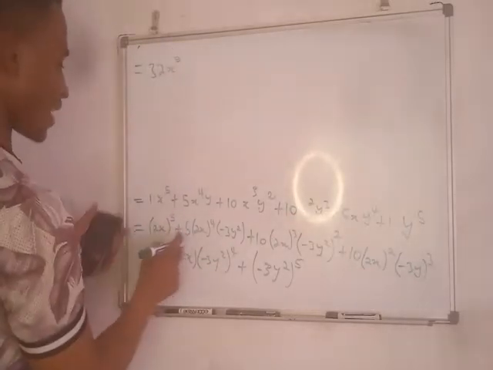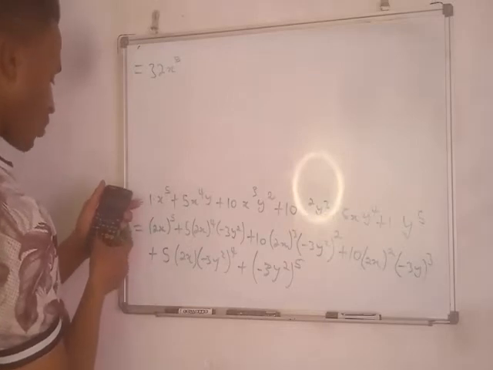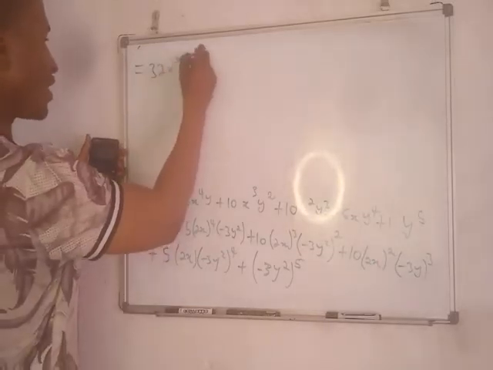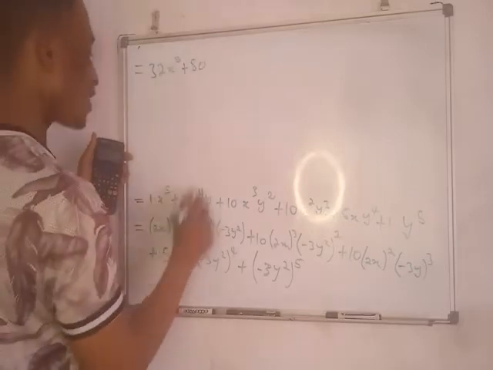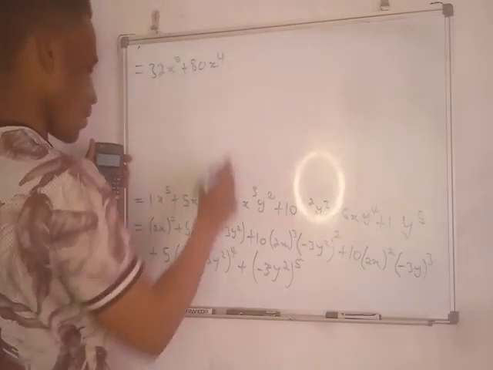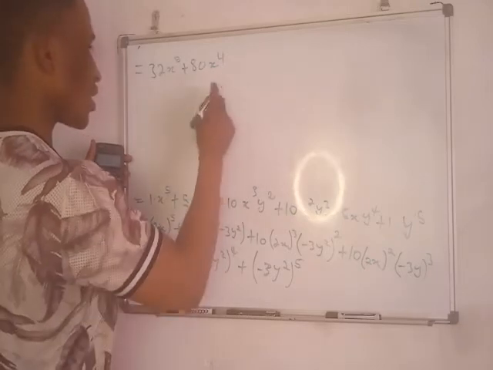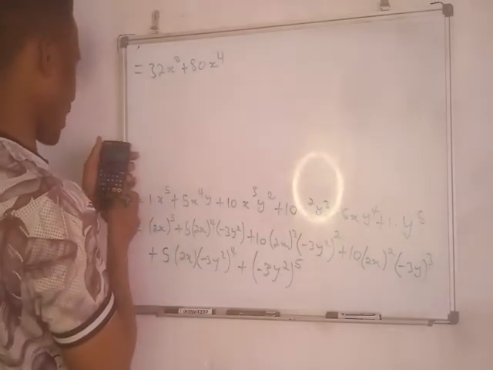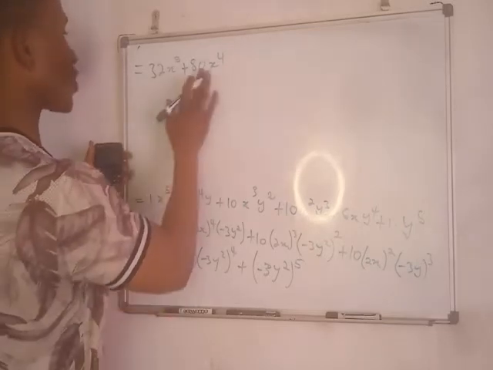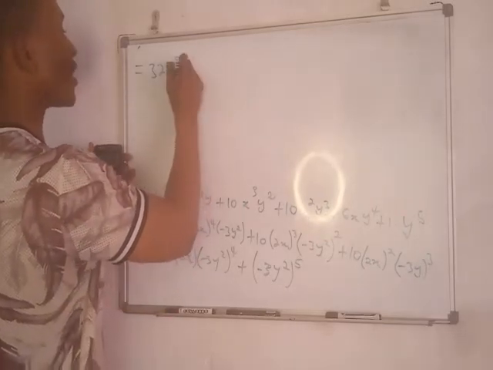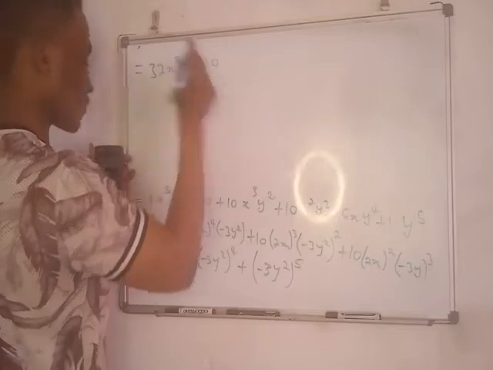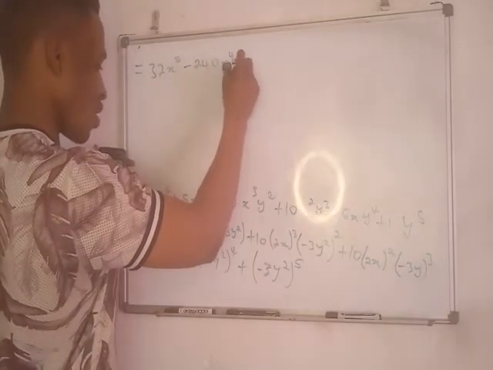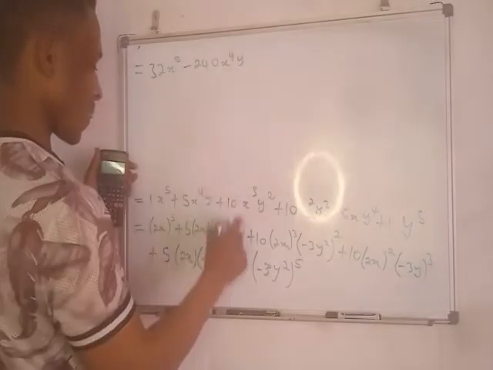Then my second term will be 5 times 2 to the exponent 4, which is 80, 80x to the 4, and then here is just minus 3. So 80 times minus 3 is minus 240. So here is minus 240 x to the 4, y squared.